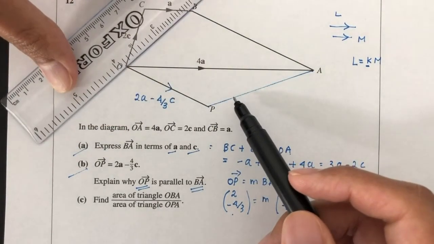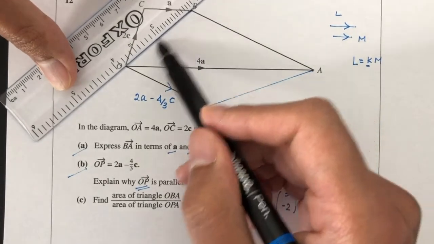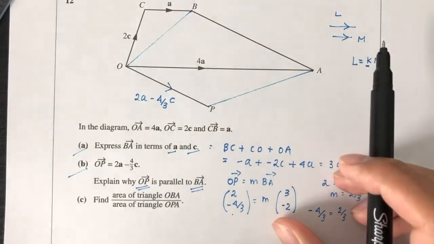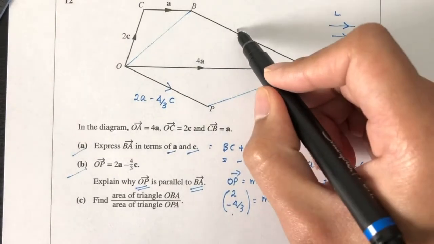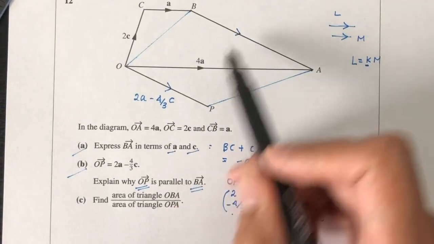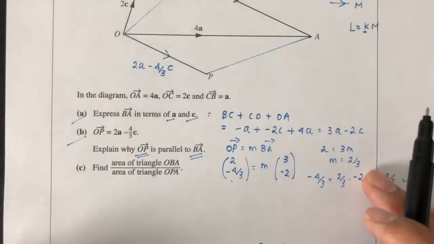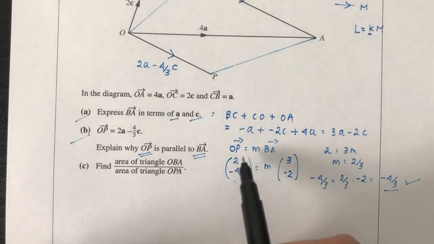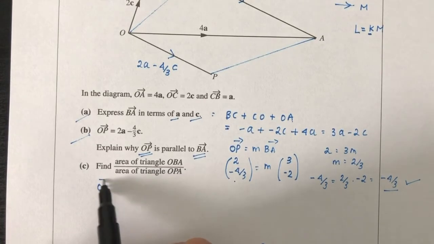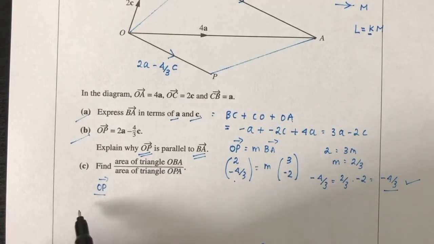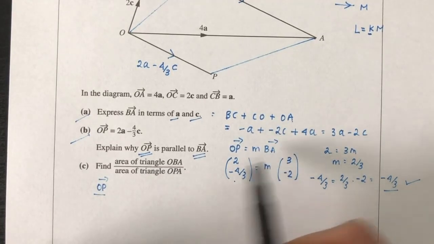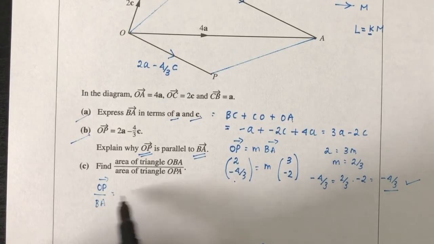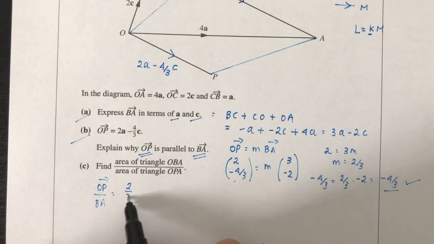So these are the two areas that we need to find. We know these two sides, and we know the ratio of these two sides. As you can see, the ratio is OP divided by BA equal to 2 over 3.